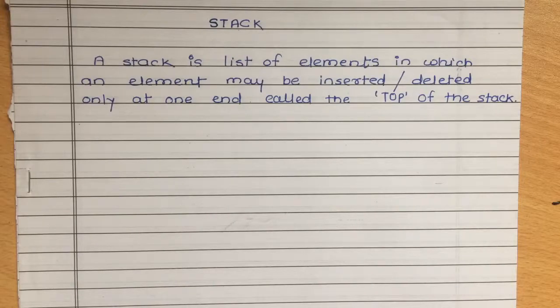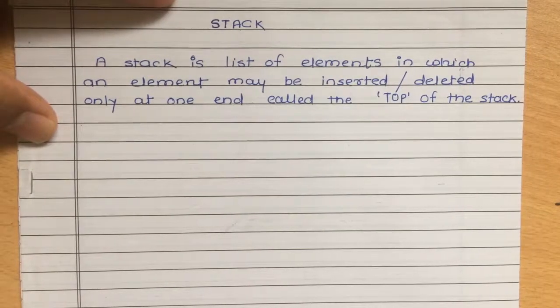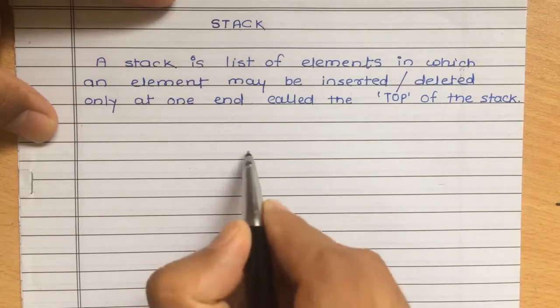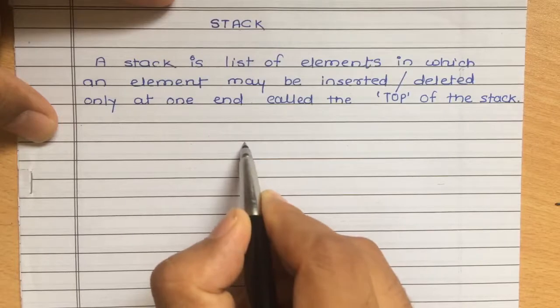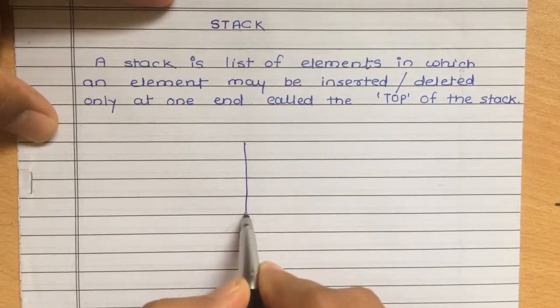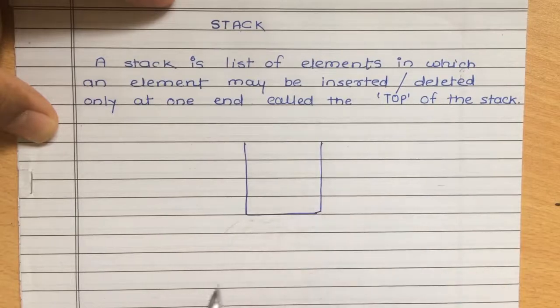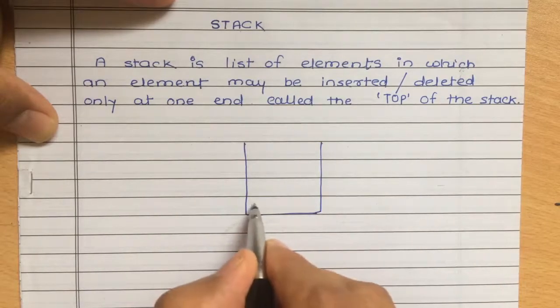Basically this stack is one of the data structures which is used to store the elements in a particular manner. So this is a simple stack. We have one real life example related to stack, that is a stack of dishes. In this stack I will simply place the dishes.